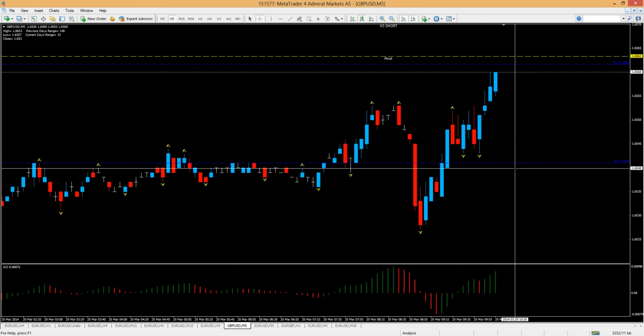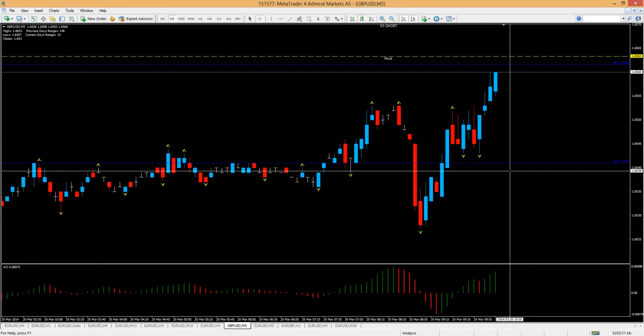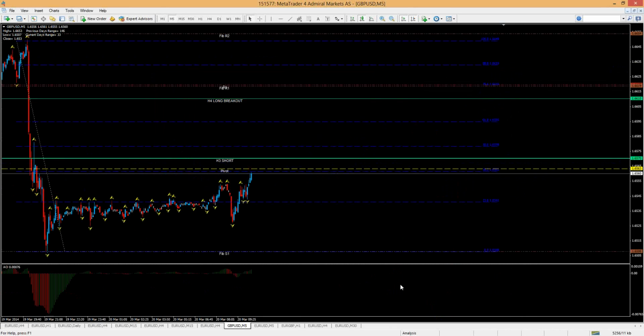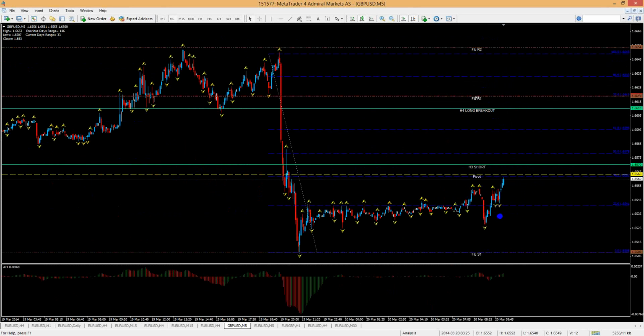Aiming for 165.40, which is a conservative target because it's basically aiming back at this range, the Asian consolidation.